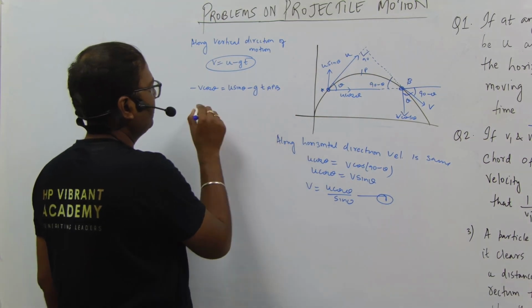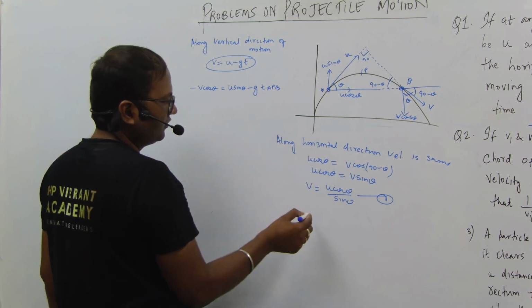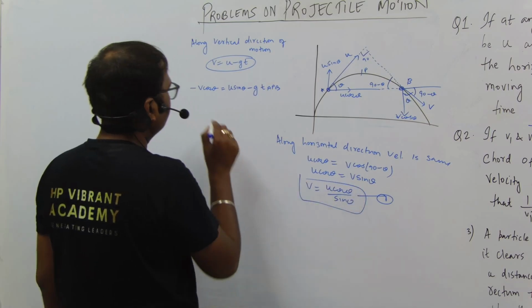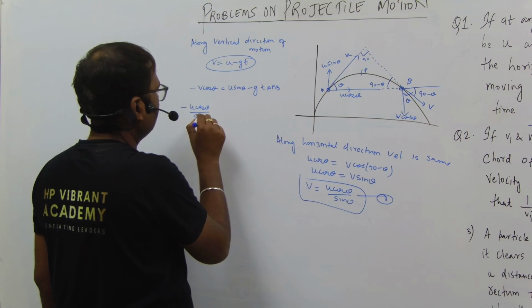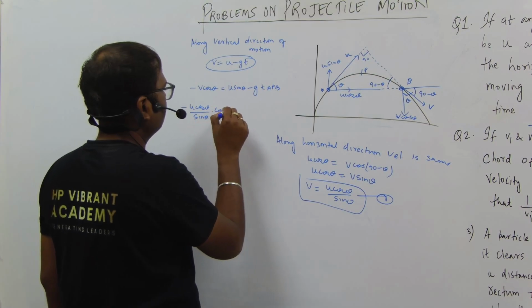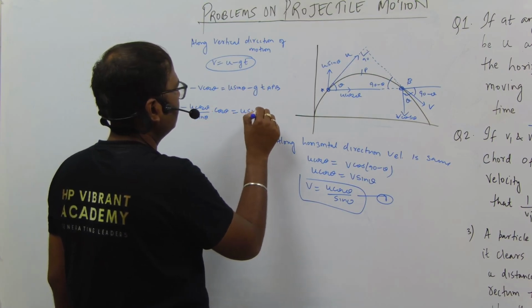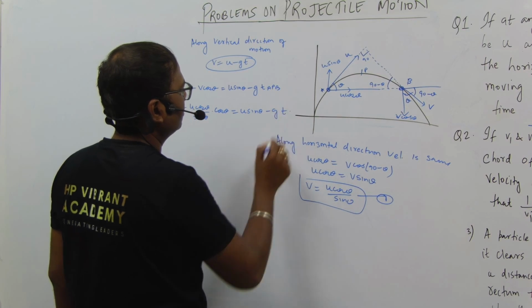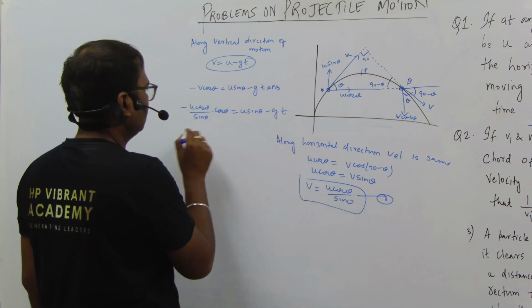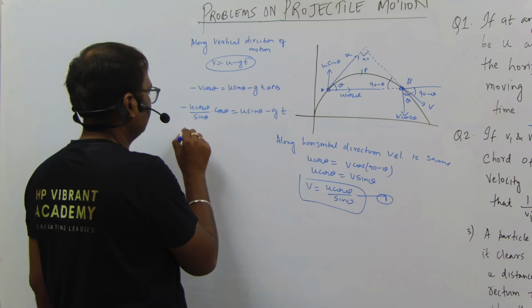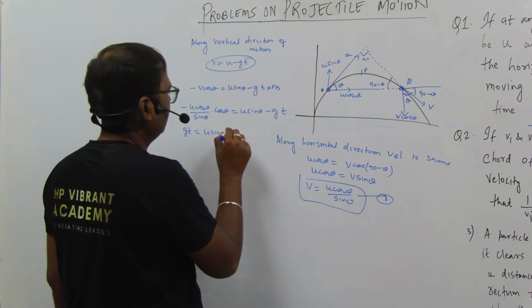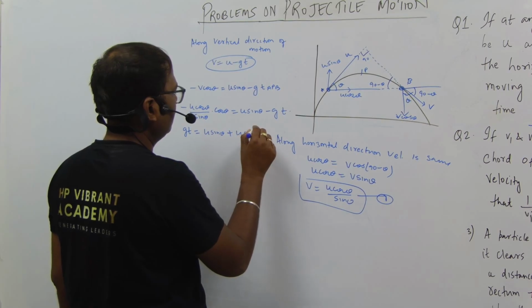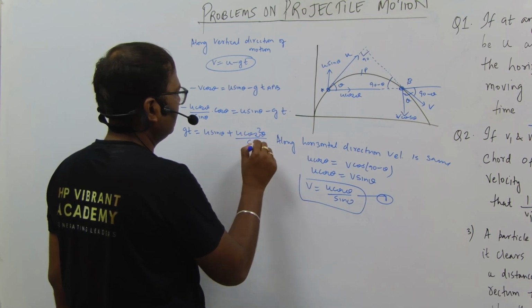Let us put the value of v from equation 1. So we have minus u cos theta upon sin theta into cos theta is equal to u sin theta minus gt. Let us take g to the LHS part. So gt is equal to u sin theta plus u cos square theta upon sin theta.